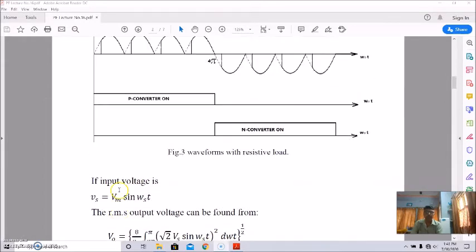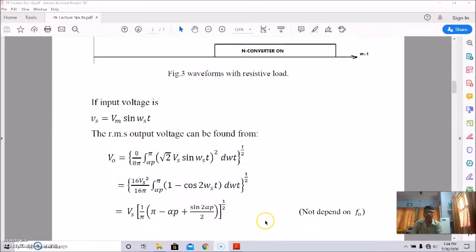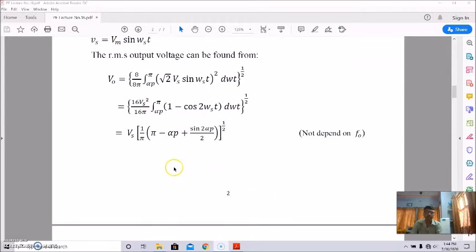So this is actually equal to V0 equal to the square root of 1 by pi times the integral from alpha p to pi of (root 2 Vs sin omega t) whole squared d omega t. So this will come to the value Vs by 2 times root over 1 by pi into (pi minus alpha p plus sin 2 alpha p by 2).